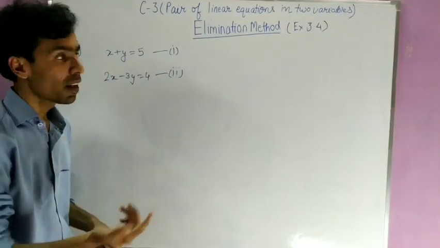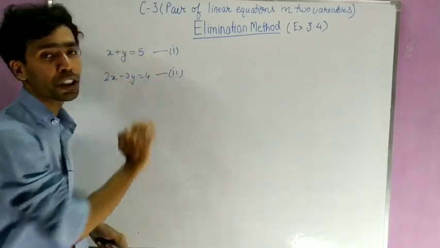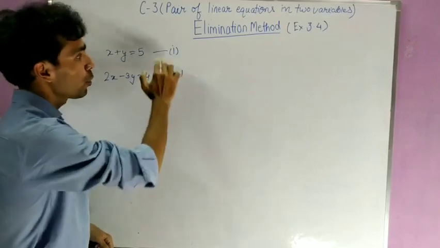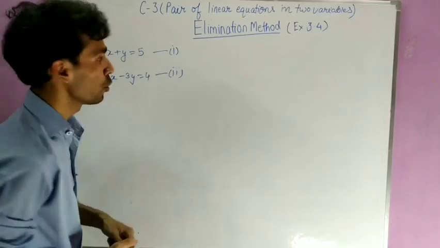If I multiply equation number 1 by 2, what will happen?